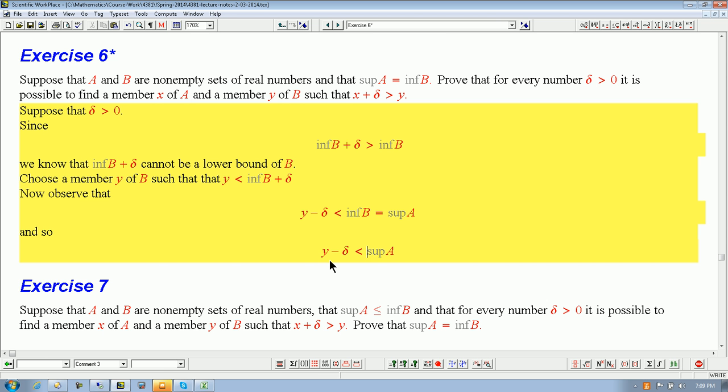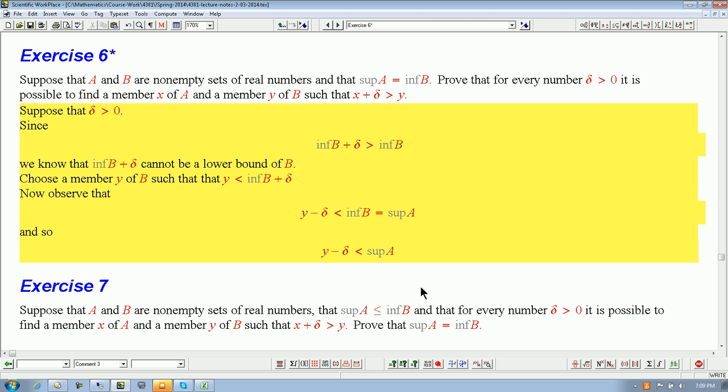This number y minus delta is less than sup a. What does sup a mean? Sup a stands for what? The least upper bound of a. If you are less than the least, then you're not one of them, right?